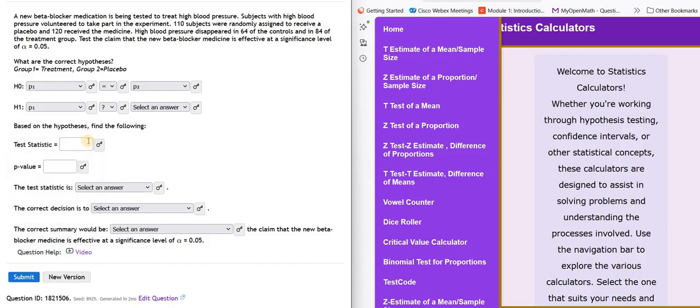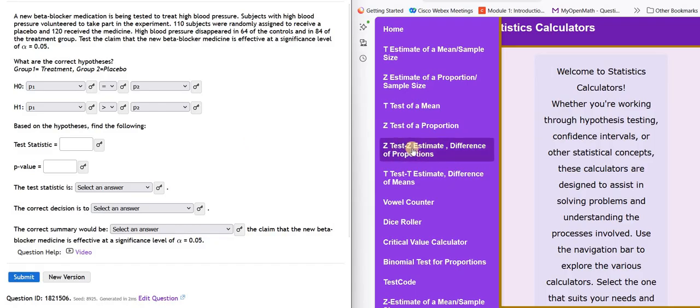So it's P1 is greater than P2. Since group 1 is the treatment group and group 2 is the placebo, the proportion from treatment is bigger than the proportion from placebo.